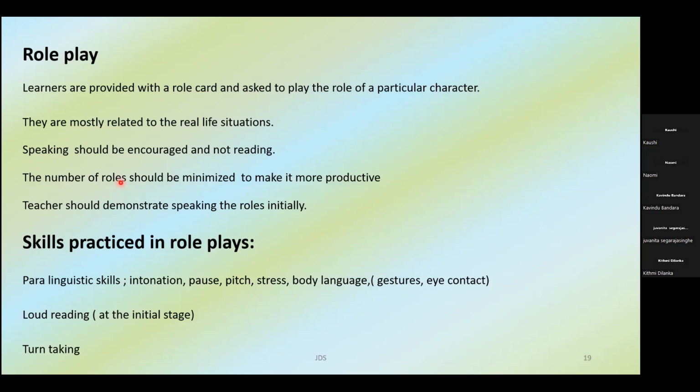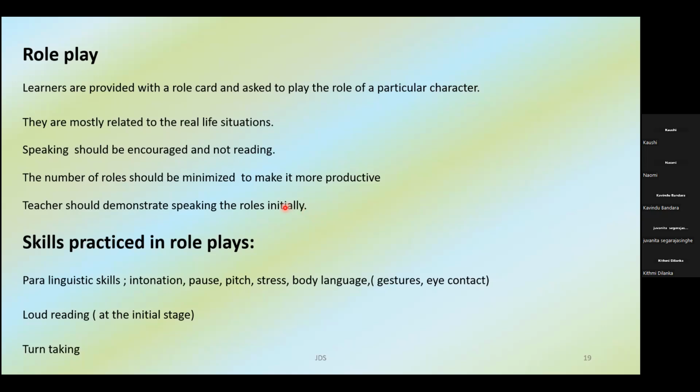If there are fewer characters, it will be useful for them to practice the role play productively. Each person will definitely get a chance to speak out. The teacher should demonstrate speaking the roles initially. That's important.